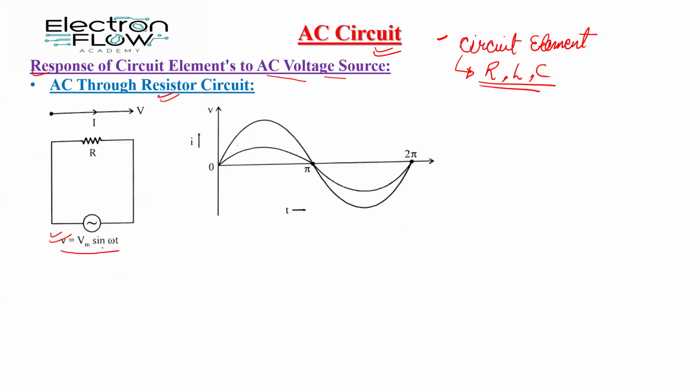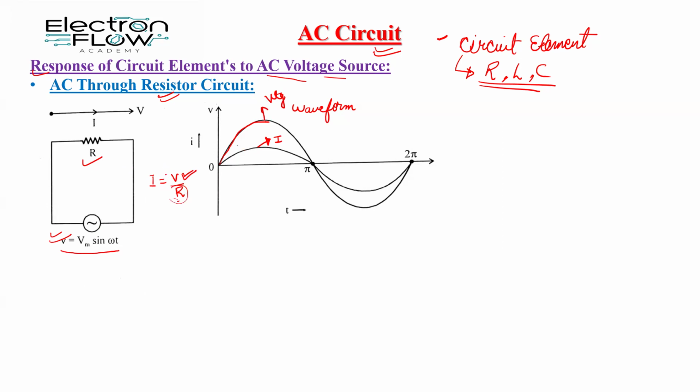Next, this voltage source is applied to a pure resistor, which is denoted here as a capital R. So basically if I draw the waveform for the voltage and current, so this waveform is of voltage, and this smaller waveform is of current, because we know that as per the Ohm's law, I is equals to V divided by R. So the value of the R is at the denominator, and on the numerator there is a voltage.